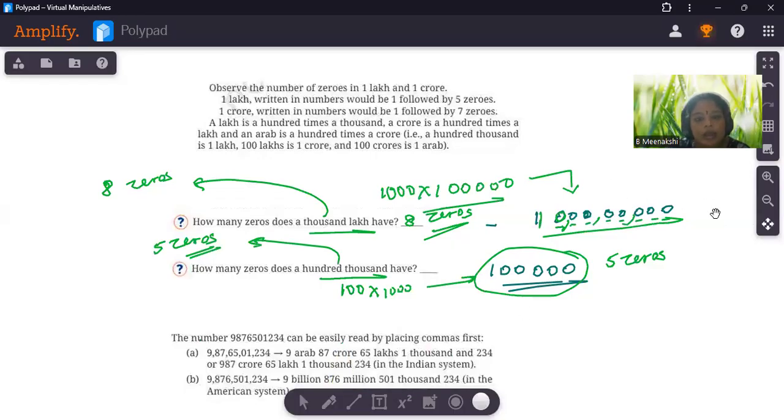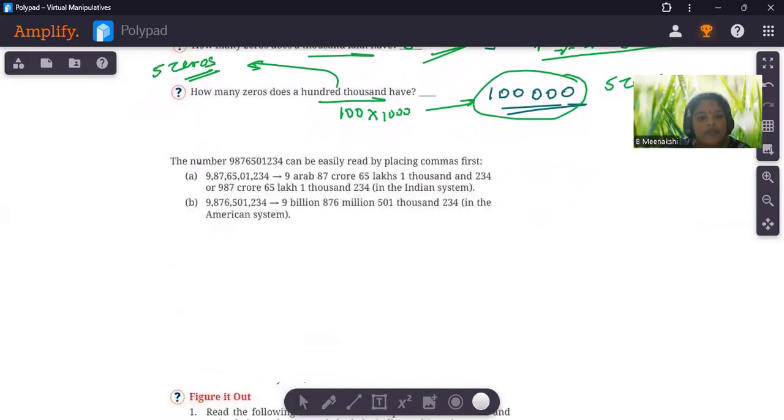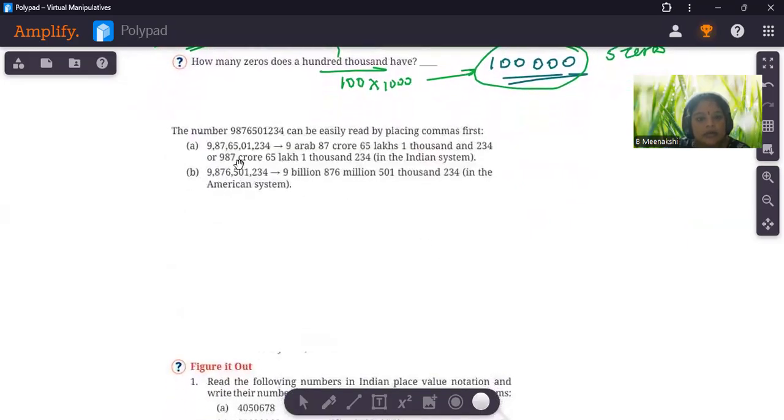Okay. Now we will see the number names. Here we have 987650123 4. From the right we need to organize: leave 3 digits, then 2 digits, 2 digits, 2 digits.